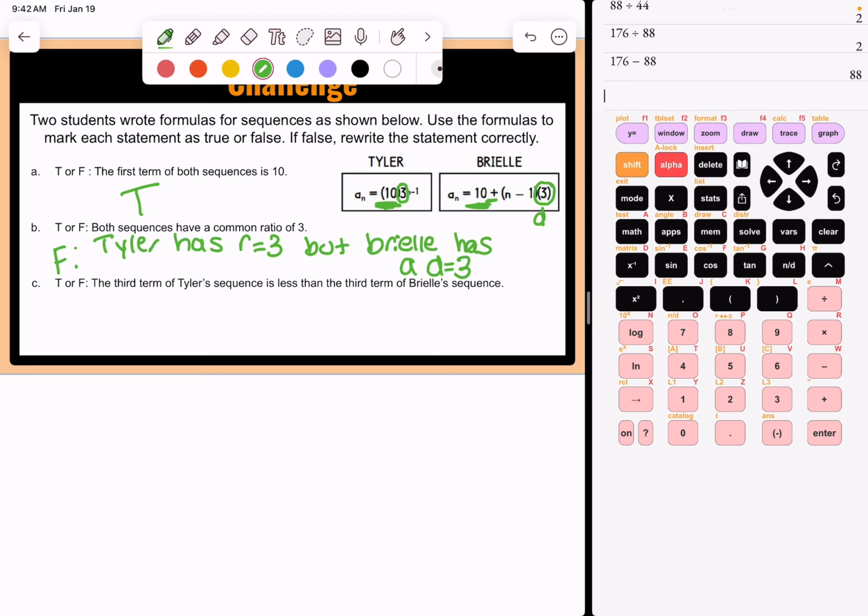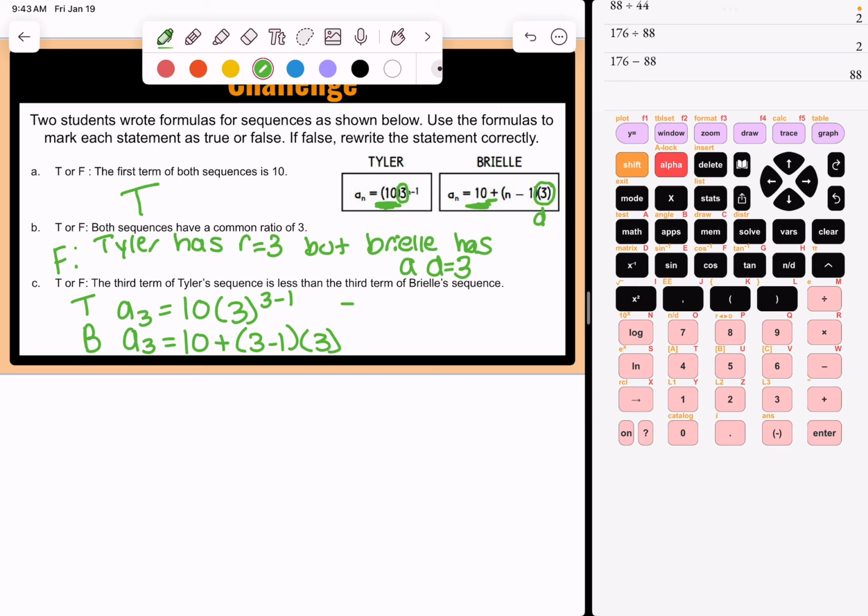And now true or false? The third term of Tyler's sequence is less than the third term of Brielle's sequence. So let's find the third one of Tyler. A3 would equal 10, 3 to the 3 minus 1 power. And for Brielle, A3 equals 10 plus 3 minus 1 times 3.